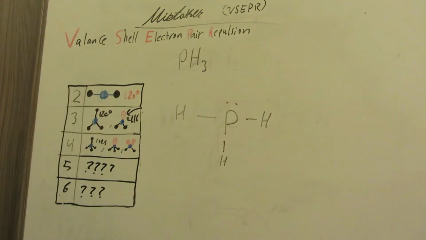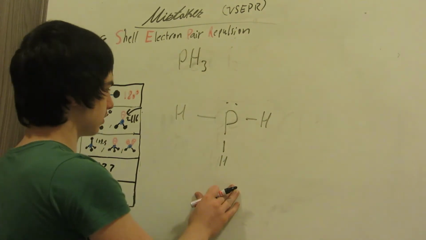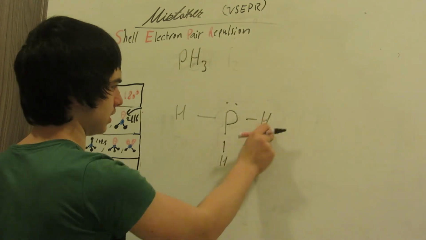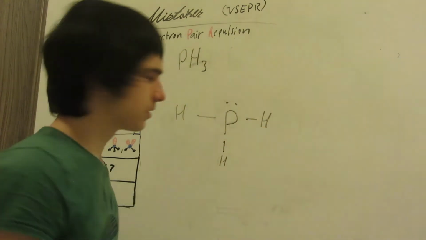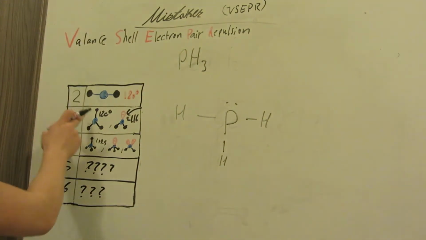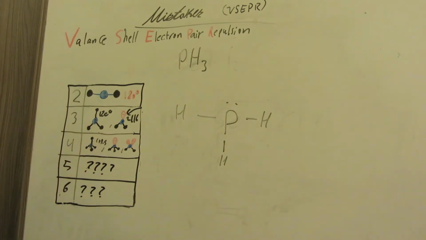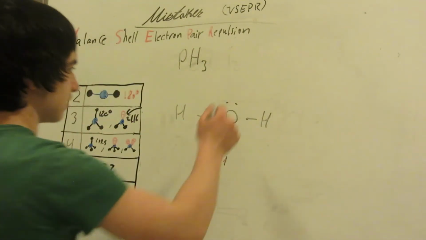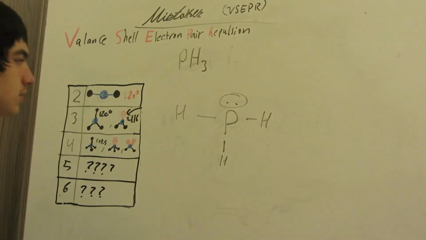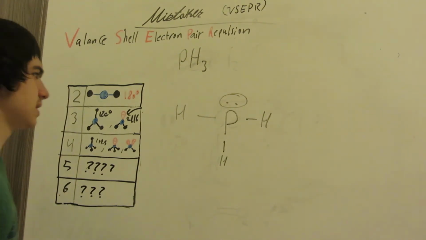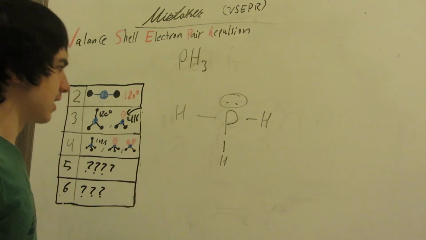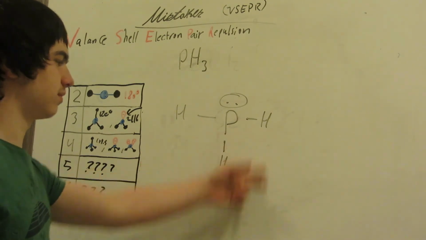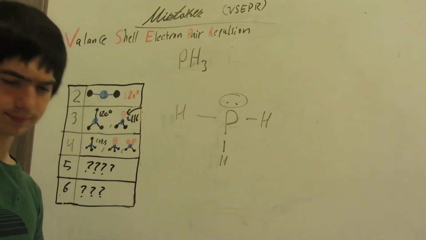So the first mistake, they're going to look at this model and count hydrogen, 3. So they look at this family chart and they will see, aha, we have 3 right over here. So it's going to be probably a trigonal planar because you have 3 things. And that is a mistake because they forgot the lone pair of electrons. So that's a mistake, forgetting the lone pair of electrons and determining from the shape of the Lewis structure.